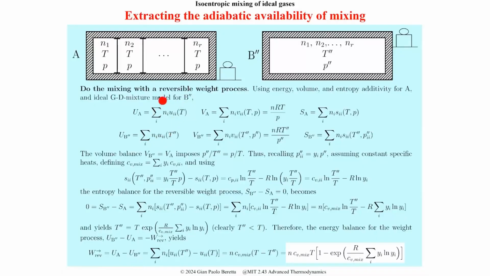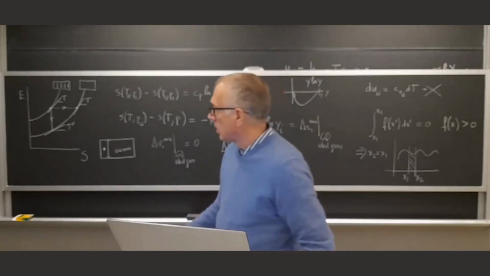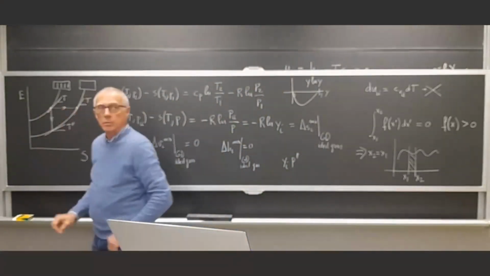So by substituting these ingredients that we calculated up there and using the specific heats at constant volume, and the summation we defined as an average mixture specific heat at constant volume, and we substitute T double prime, and you compute the value for the adiabatic availability. So we see that this represents this work.